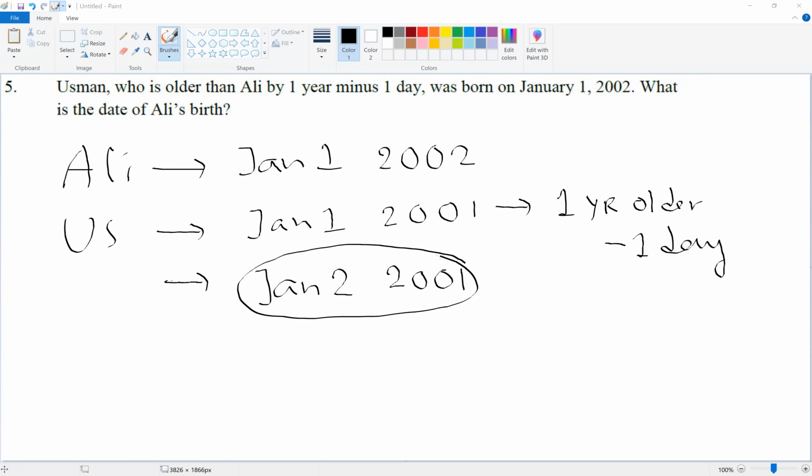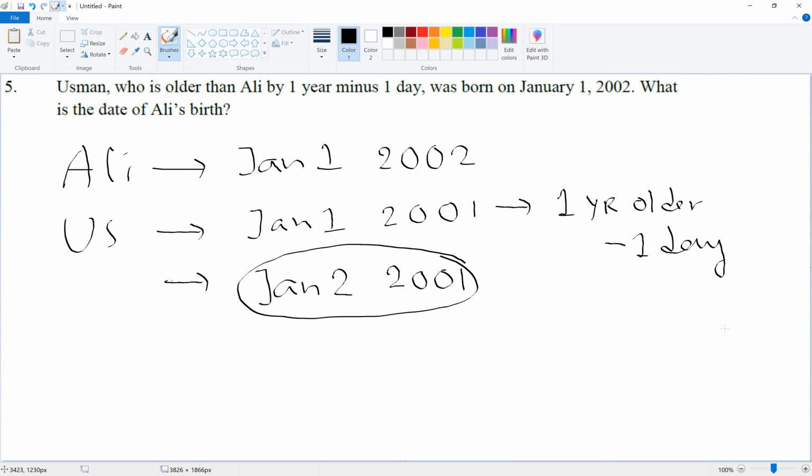How is it 2001? Because he is older. So what year was he born? But what's the date of Ali's birth? Who is older? Usman. So Usman would be then born before Ali or after Ali? Before.